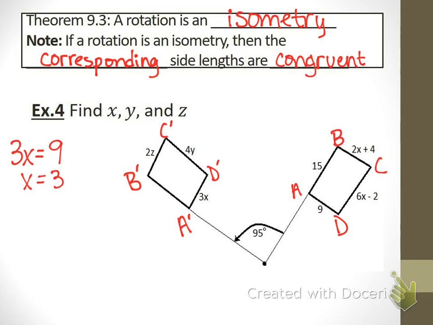What would the length of BC be? I think 10, right? We would plug in 3 for x. 2 times 3 plus 4. 2 times 3 is 6, and then plus 4 is 10. Are we all okay with finding BC? Okay, what about CD? 16. Okay, 6 times 3 is 18, minus 2 is 16.